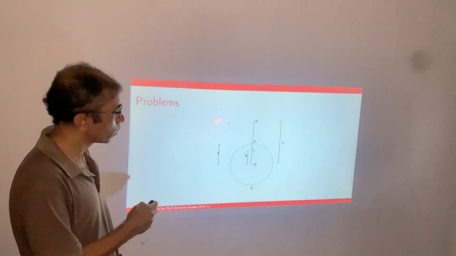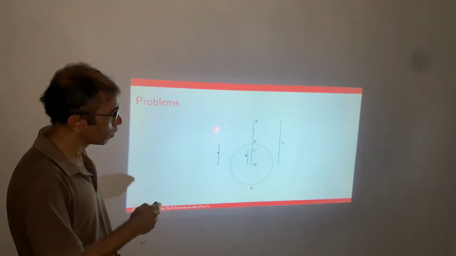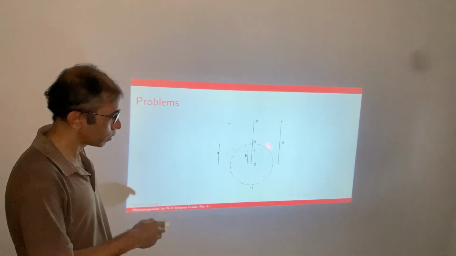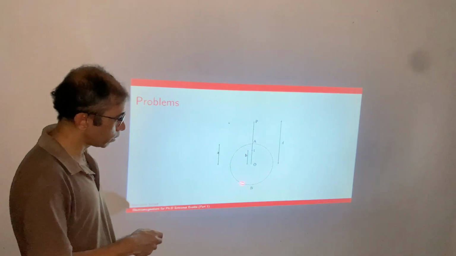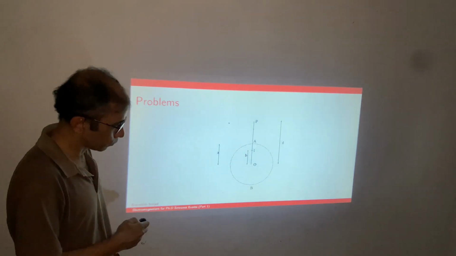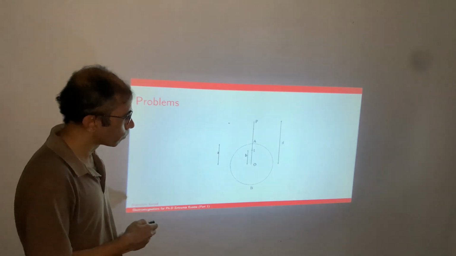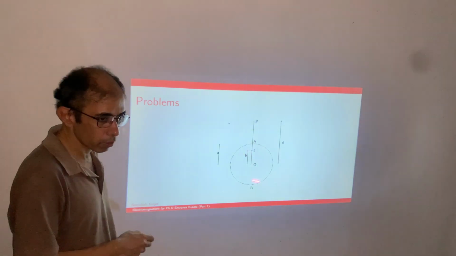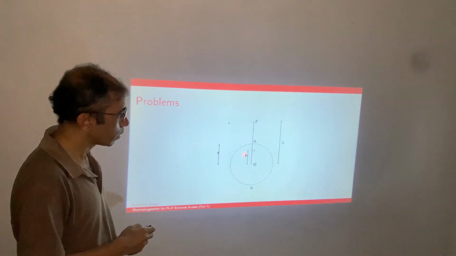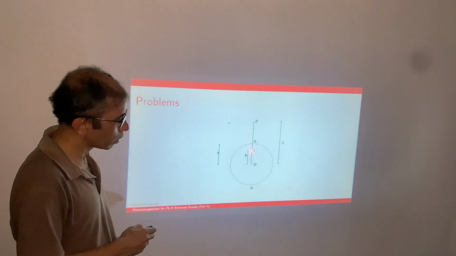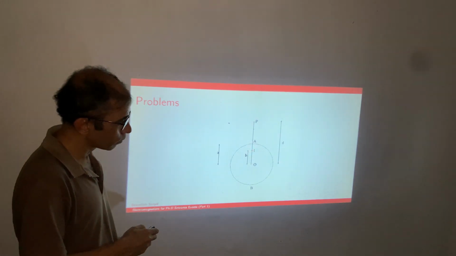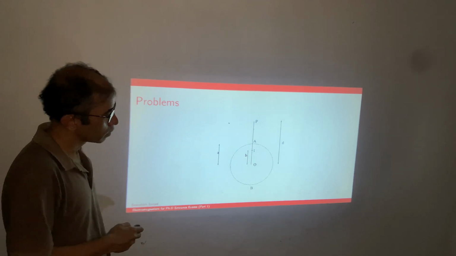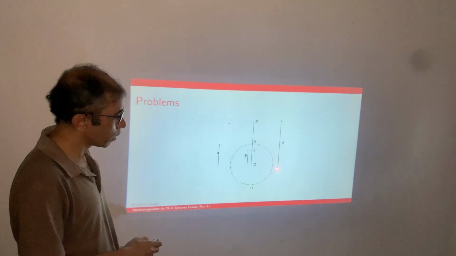We want to find out the potential in the region outside the conducting sphere, not inside. So we will forget about this conducting sphere and instead replace it by a charge placed at a distance such that the boundary condition is satisfied.